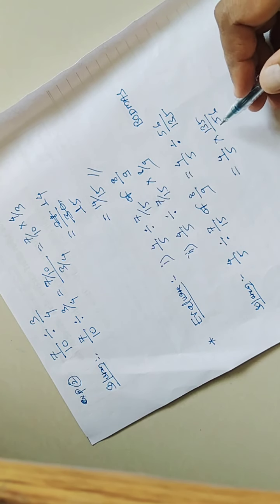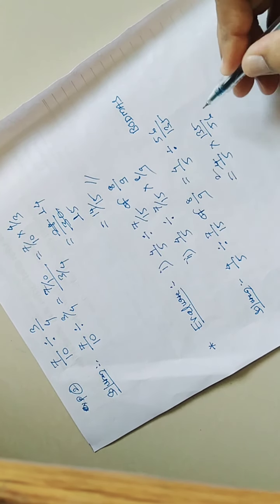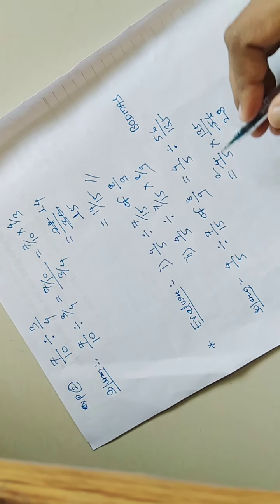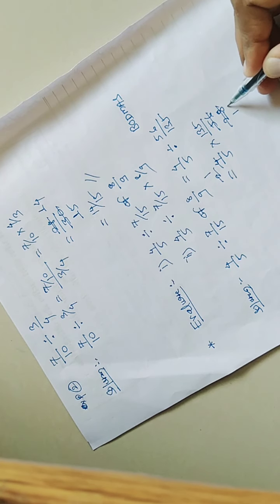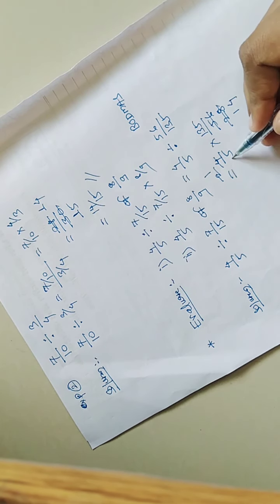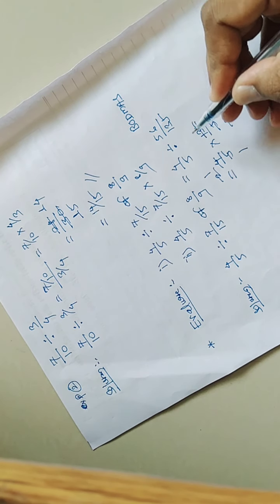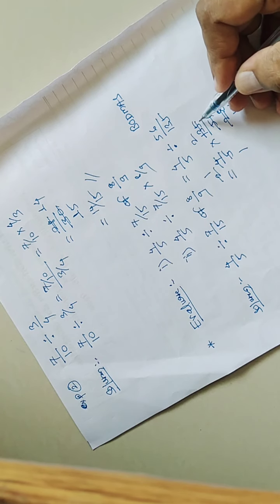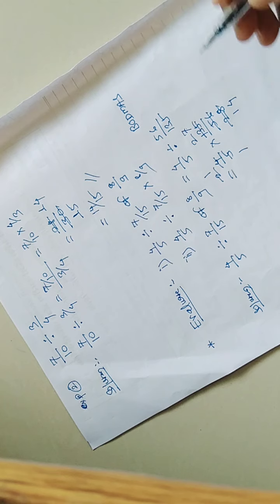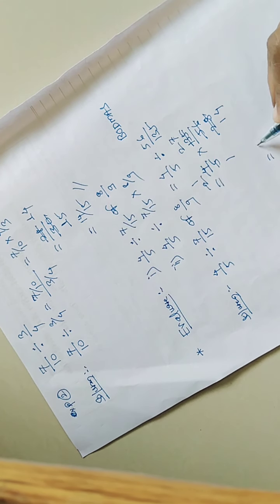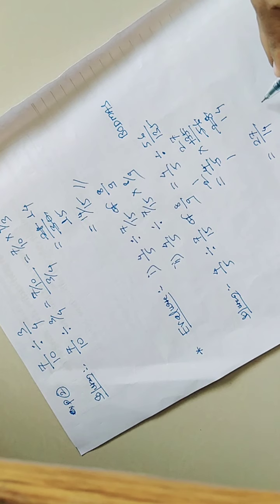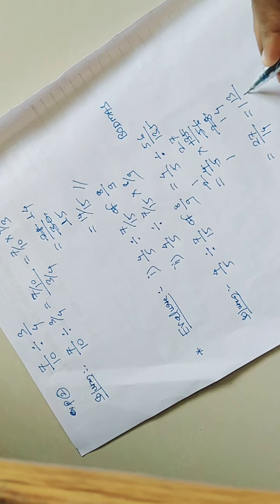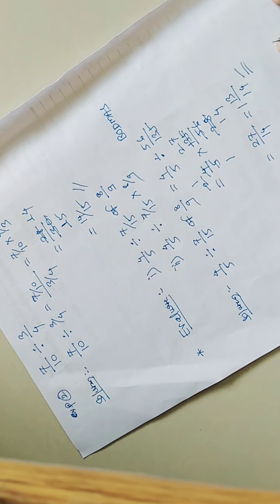We can reduce it to lowest form also. 2 2s are 4, 2 8s are 16, then 5 1s are 5, 5 7s are 35. So 27 divided by 14. In mixed fraction you can write 1 whole 13 divided by 14, which is the required answer.